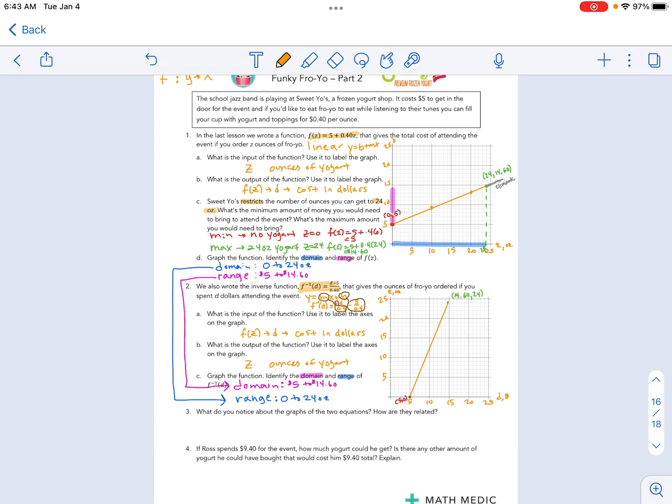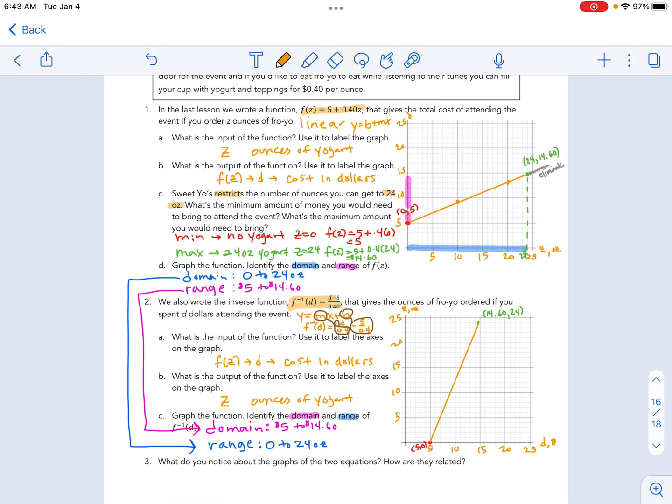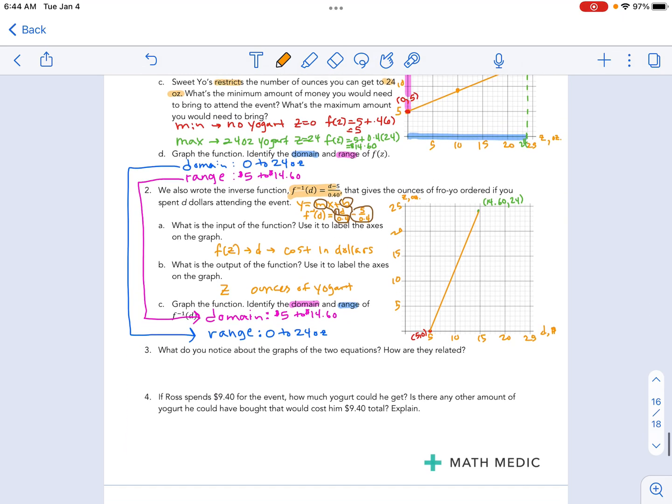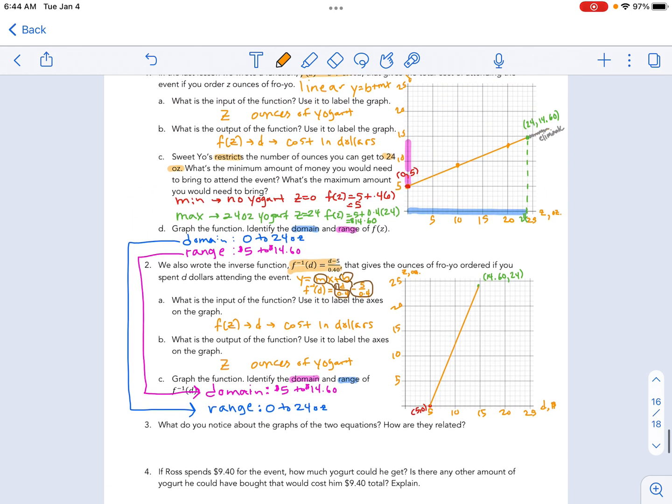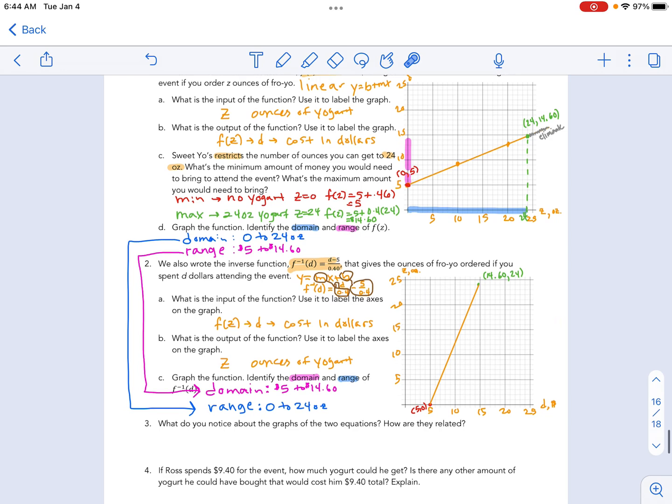Okay, so this is the interesting thing about the inverse function, and that is these lines have a relationship, and it's hard to see when it's on two separate graphs. But because we switched from a y-intercept to an x-intercept, and because we switched these coordinates from x and y to y and x, these are actually reflections over the line y equals x.